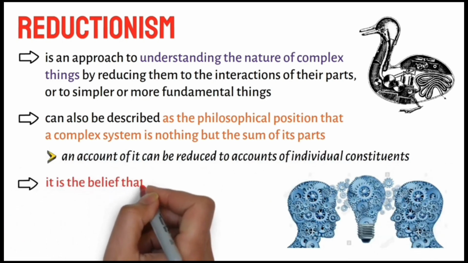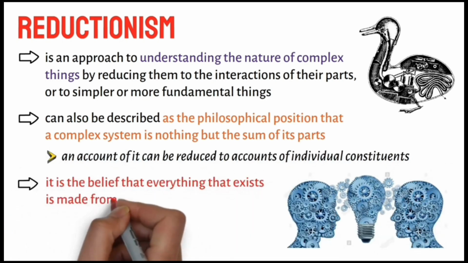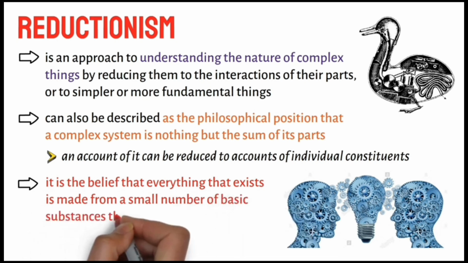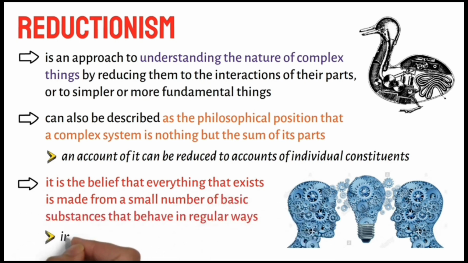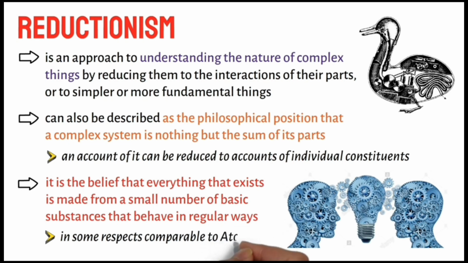Thus, it is the belief that everything that exists is made from a small number of basic substances that behave in regular ways, and is, therefore, in some respects comparable to atomism.